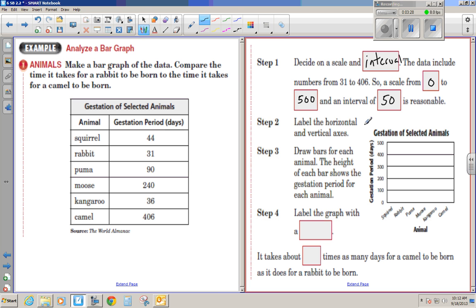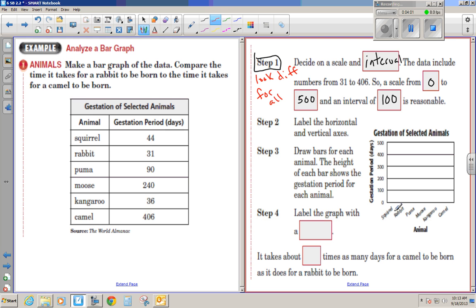You could have gone from 0 to 450. Oh, sorry, not an interval of 50, an interval of 100. You could do an interval of 50. You could do an interval of 10. You can make these numbers. Step 1 should look different for all.